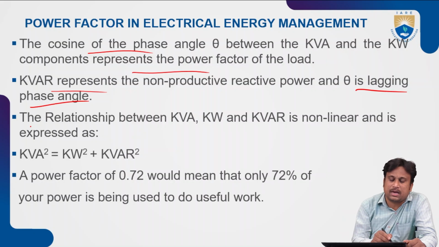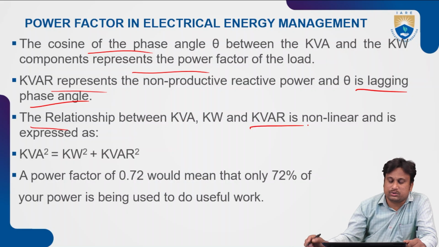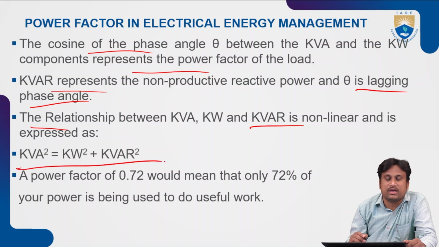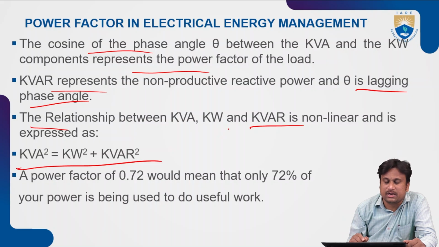The relation between kVA, kilowatts and kVAR is non-linear and is expressed as kVA squared equals kilowatt squared plus kVAR squared. This is the real squared plus reactive squared combination.